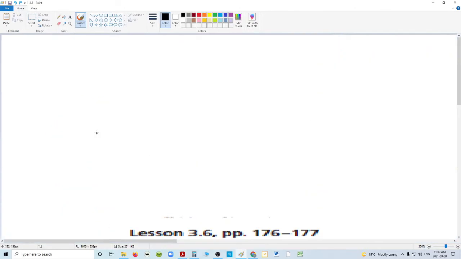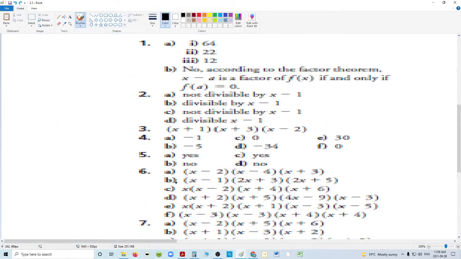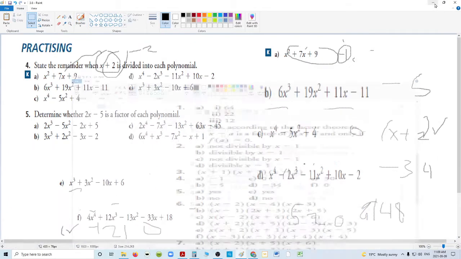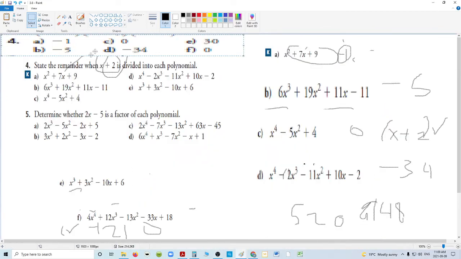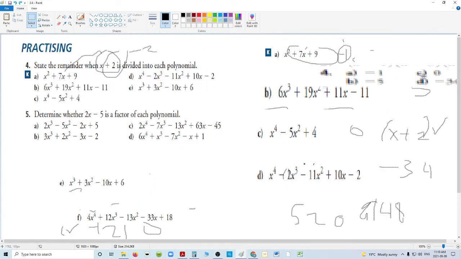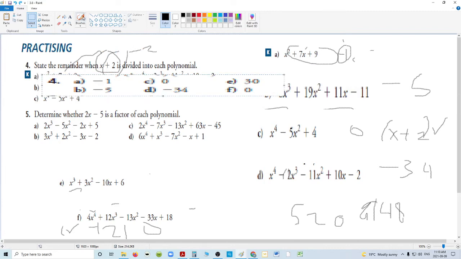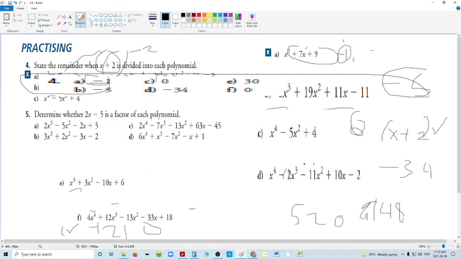Now again, I was doing some of those pretty fast, so who knows. Looks like I got some of them wrong, but that's okay. So here they are. I got the minus 1 is correct. Minus 5 is correct. 0 is correct.